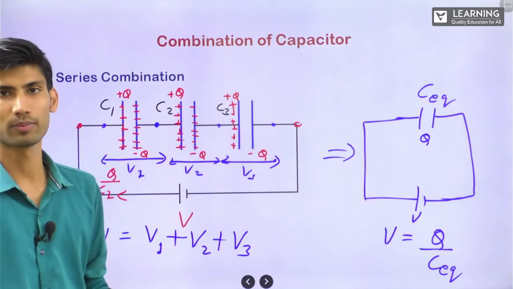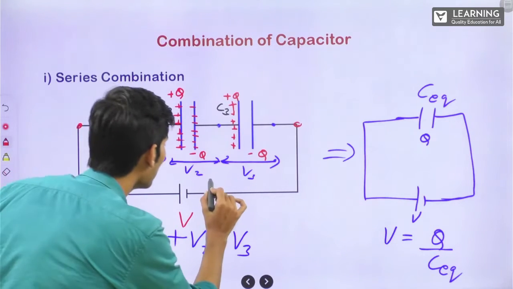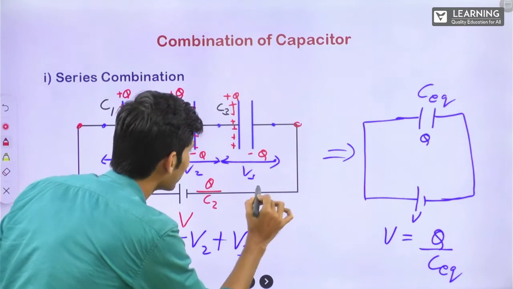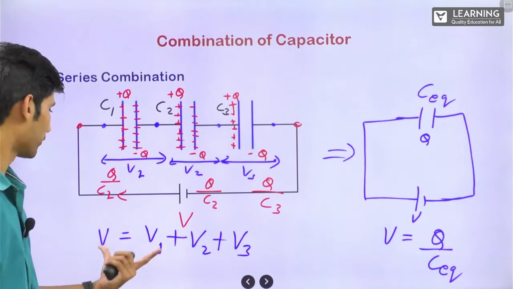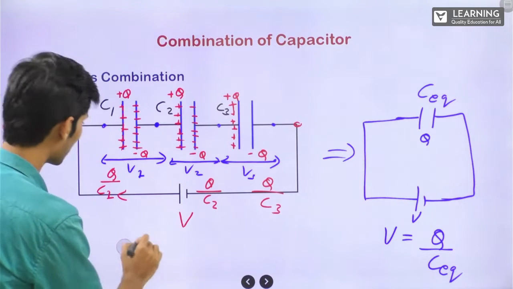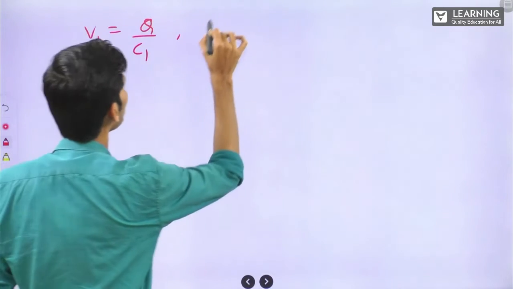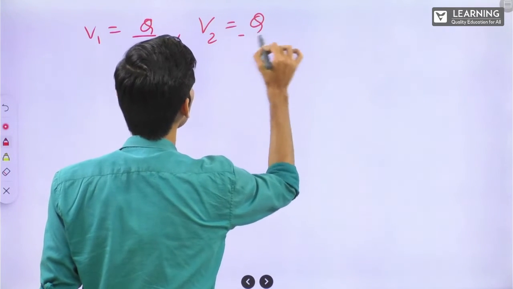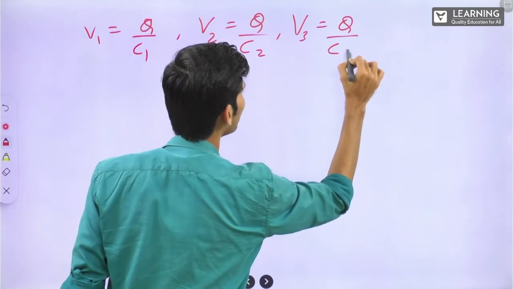Q is equal to CV. So V1 will be Q by C1. V2 will be Q by C2. And V3 will be Q by C3. Correct? So here V1 is equal to Q by C1, V2 is equal to Q by C2, V3 is equal to Q by C3.